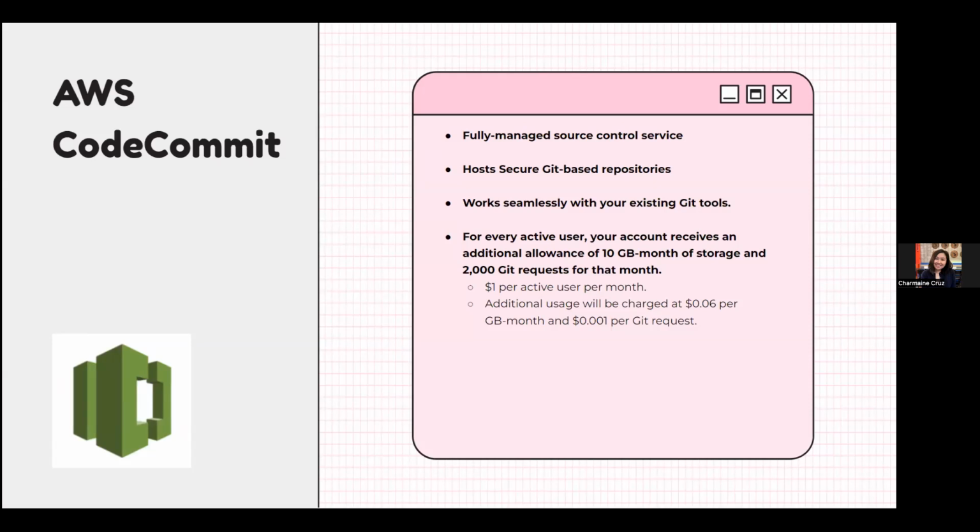The costing would be $1 per active user per month, and additional usage will be charged at $0.06 per GB per month, and per Git request, $0.001. So that's our costing for CodeCommit. So reminders na repository or Git source code talaga si CodeCommit.